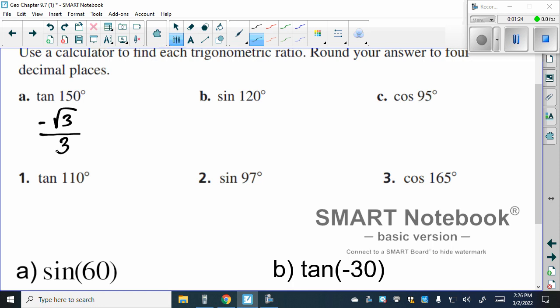We can do the same thing for sine of 120 degrees. And if we find its value, we get square root of 3 over 2. And I mean, we can do the same thing for cosine of 95.